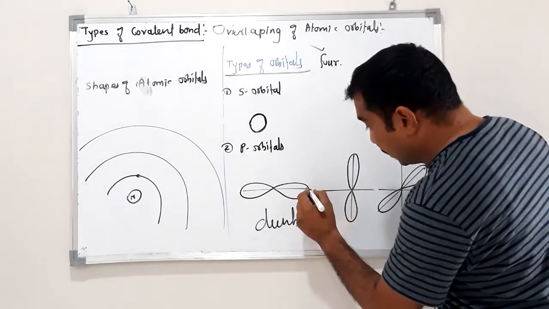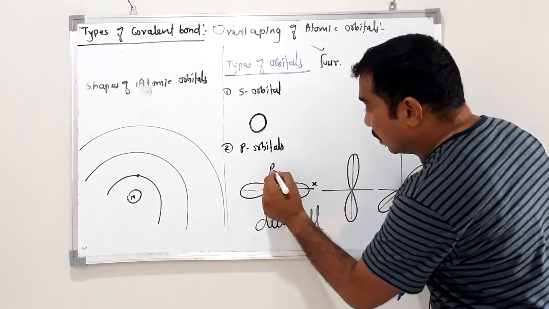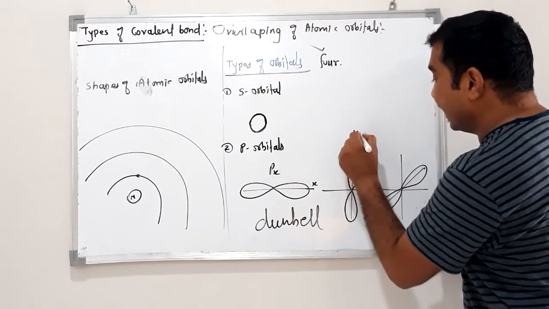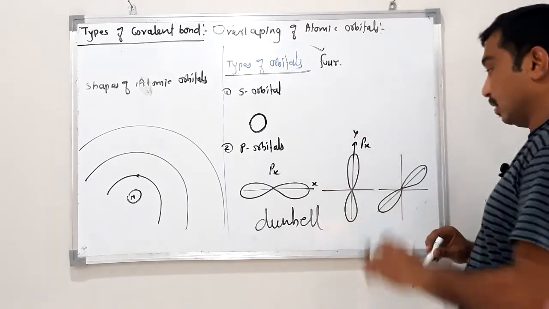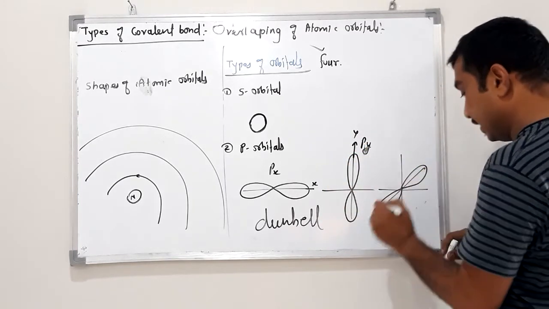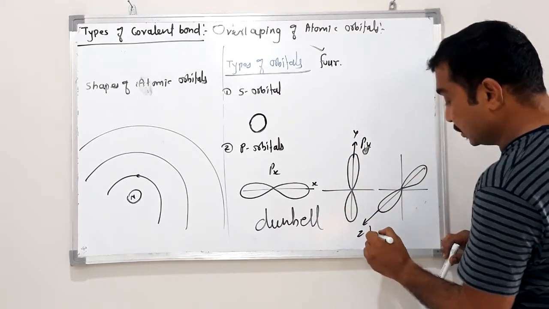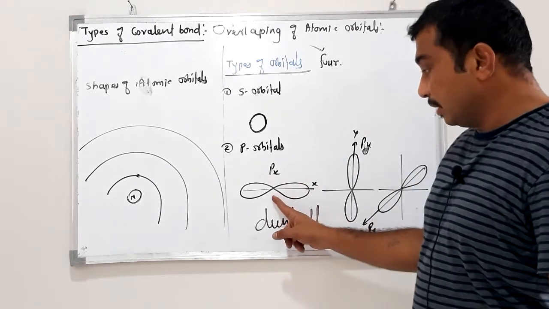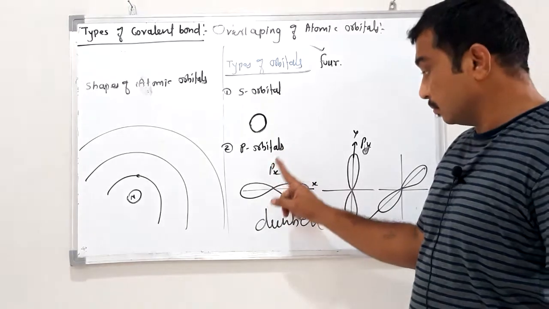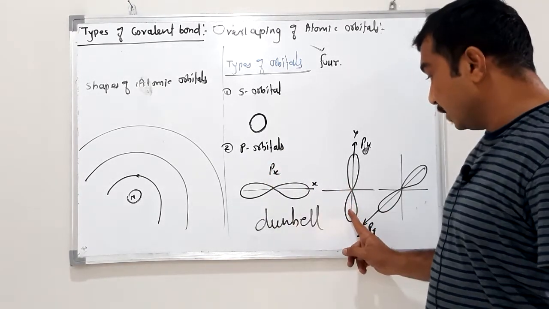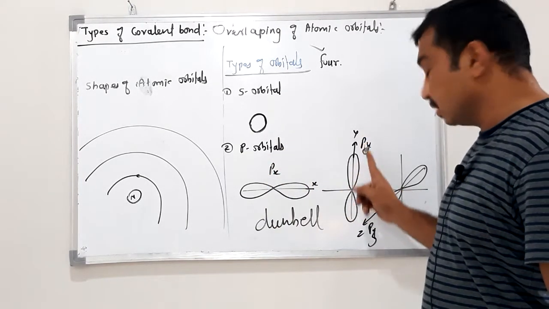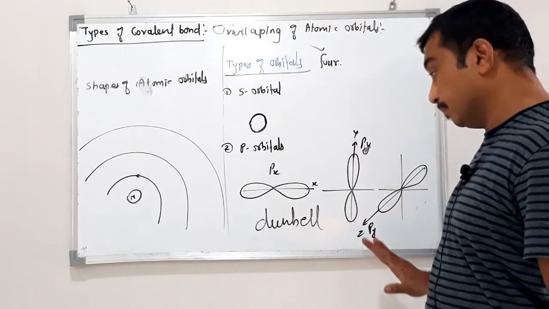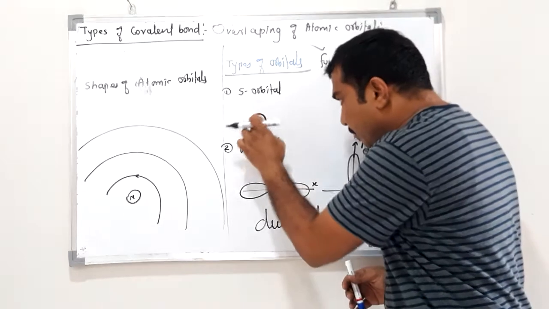A dumbbell along the x-axis is called px, along the y-axis is called py, and along the z-axis is called pz. These are the directions. What does this area represent?